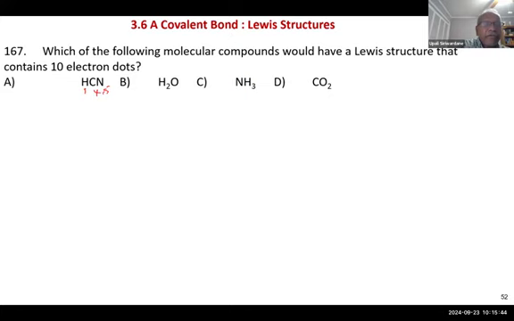When you add 1 plus 4 plus 5, you get 10 valence electrons. So that's the correct answer. A, not. This one has 8 valence electrons. We went over this. This has 8. This has 4 plus 6 times 2 is 12, 16 valence electrons. Therefore, the answer is A.